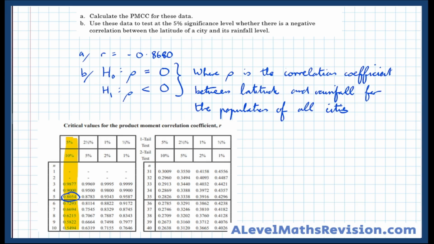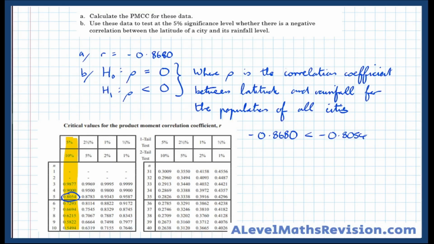But here's the twist. Because we're testing for negative correlation, we take all the values here to be negative numbers, so imagine that says minus 0.8054. We compare our value, minus 0.8680, which happens to be less than our critical value of minus 0.8054.